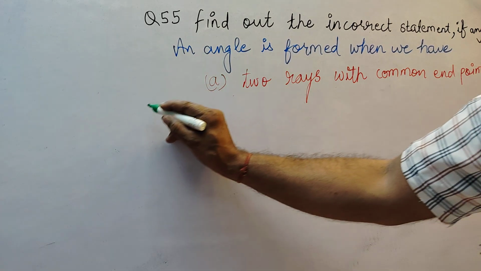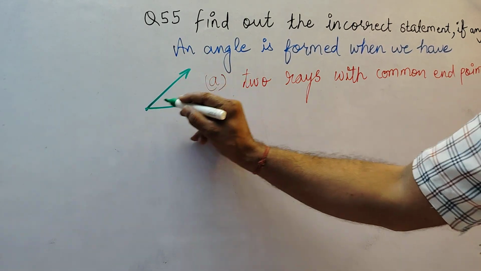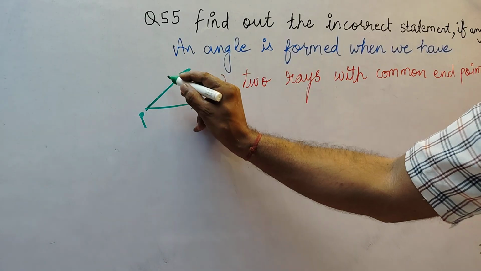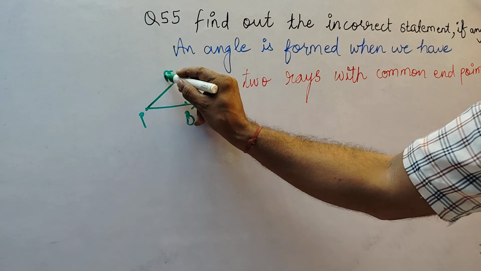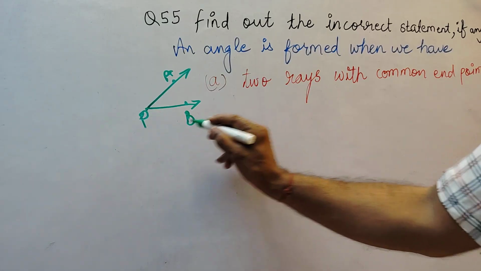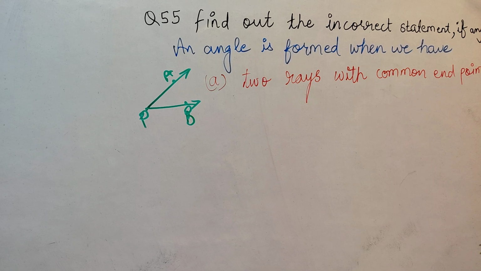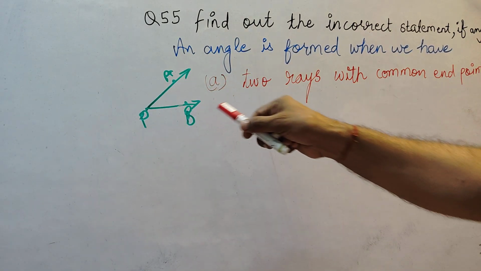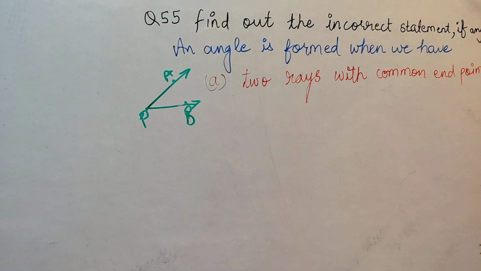So what is an angle? Suppose this is an angle, and we mark here points, point A. Now this is the angle. So two rays with a common endpoint. Is it true? For this diagram, we have to find two rays with a common endpoint.